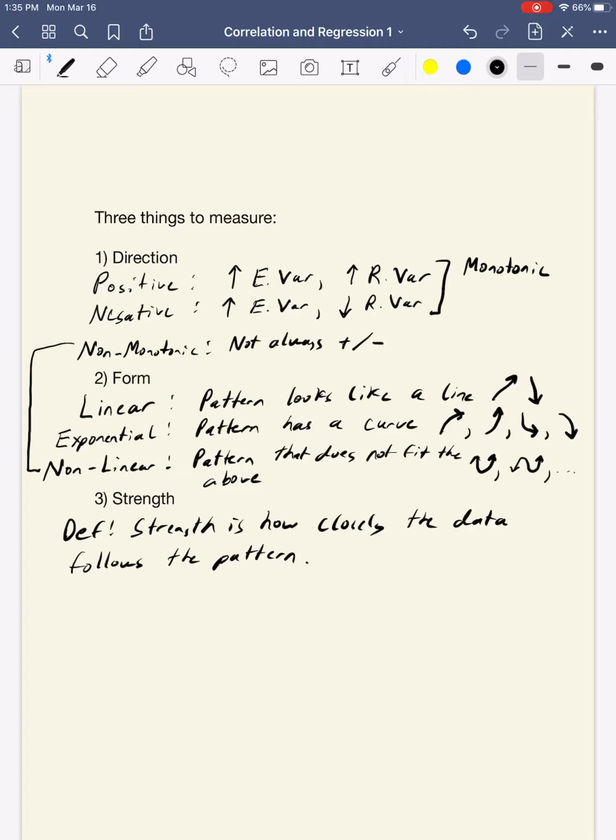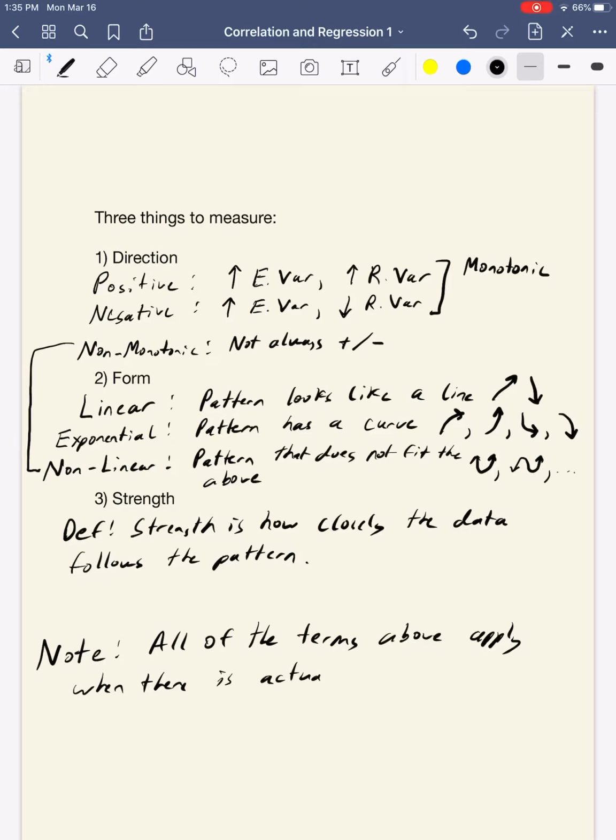One last sort of note from all of this. All of the terms above apply when there is... Well, there we go. There's a little mistake there. Let's go ahead and just erase that. Yep, well, now we erased way too much.